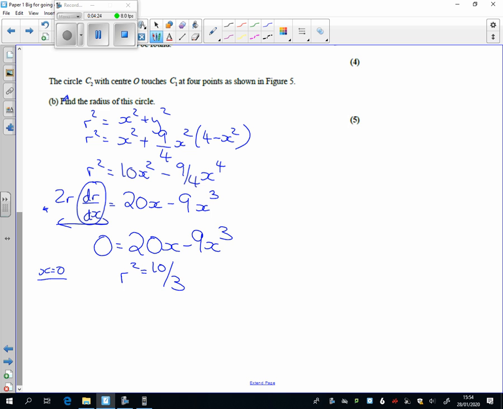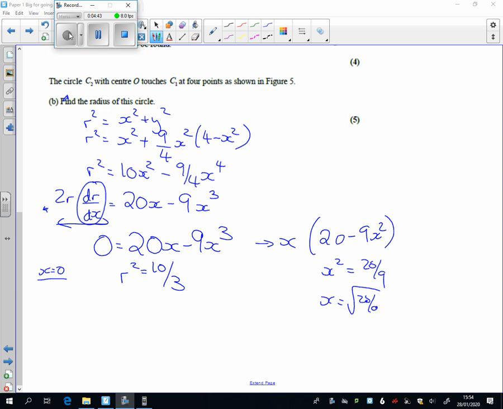So take a factor of x out, and we've got 20 take away 9x squared, and so that gives me x squared equals 20 over 9, and x equals the square root of 20 over 9. If x squared equals 20 over 9, I'm then going to put the 20 over 9 back in this one over here, and that's when I get that the radius squared is 10 over 3 and r equals root 10 over 3.